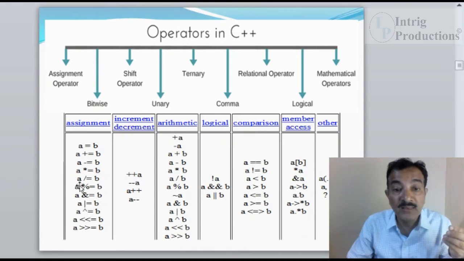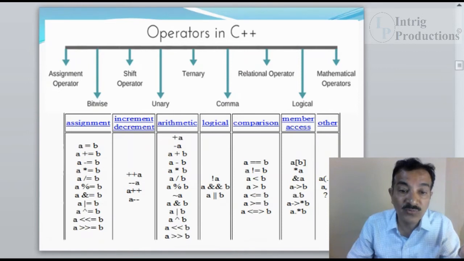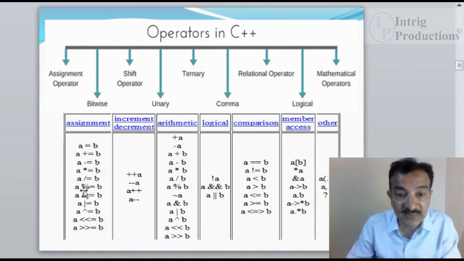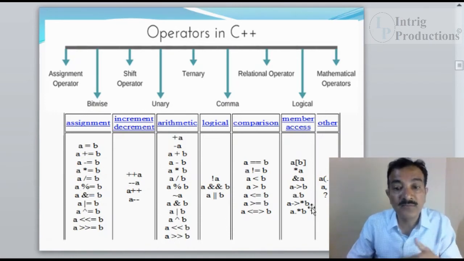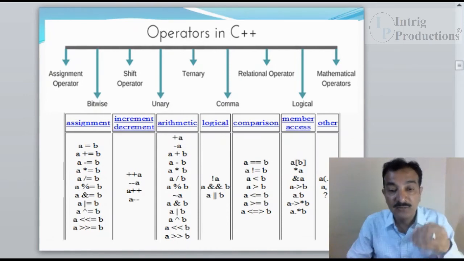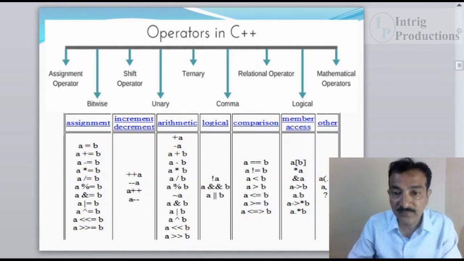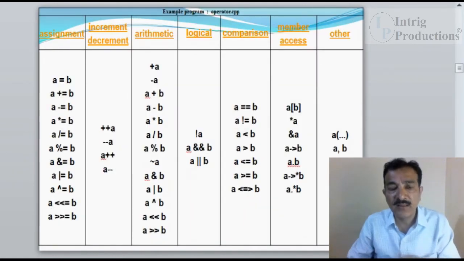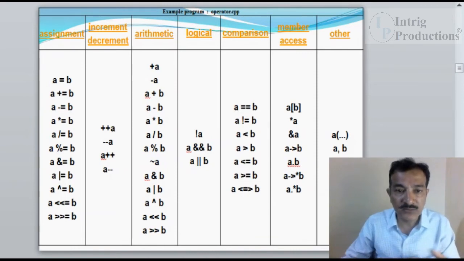And again, if a divide equal to b, a value becomes 1. a mod equal to b means a value becomes 0. So if there is no remainder, this percentage sign is nothing but the modulus operator, which gives the remainder if there is any. I have written this in more detail here, and I will show you all these operators with some examples.